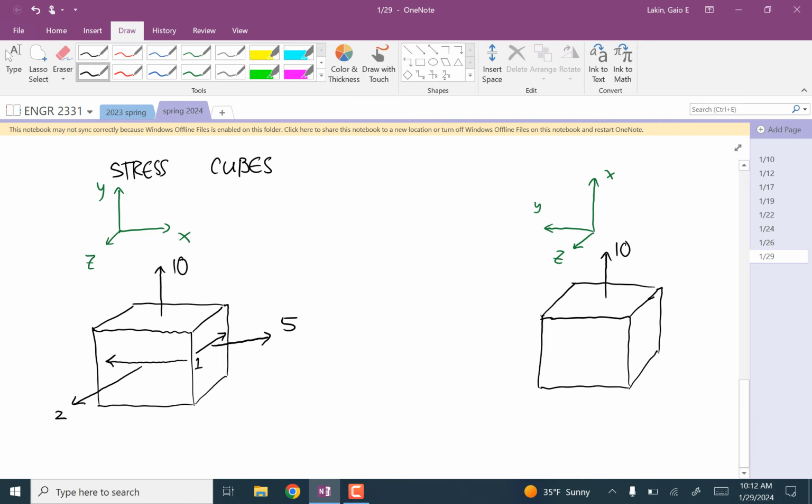Well, okay, so I'm just going to read the negatives of these to do the negative face. So we have 5 in the negative y direction, which is this way. And negative 1 in the z direction, which is this way.